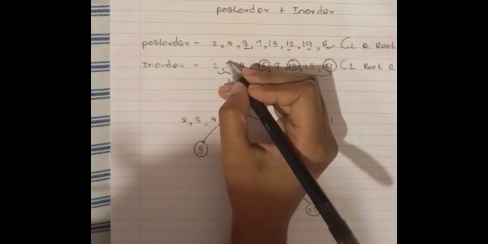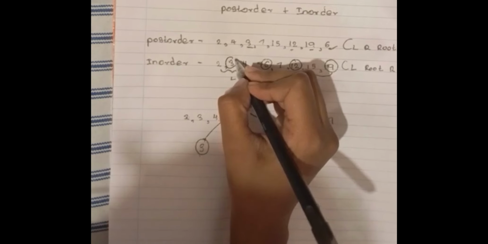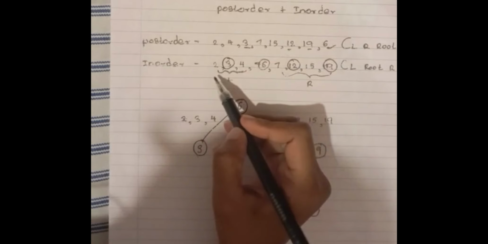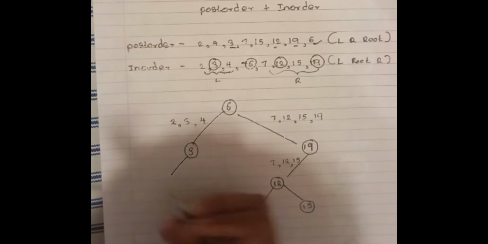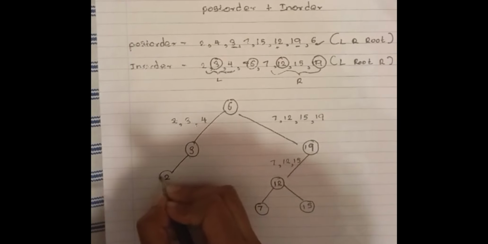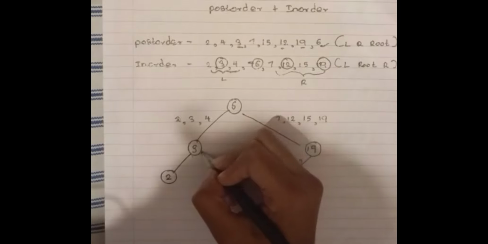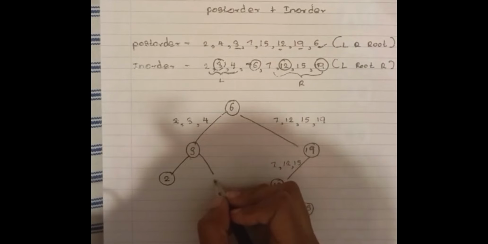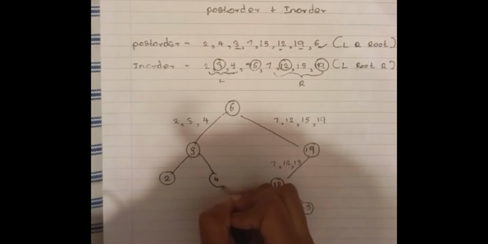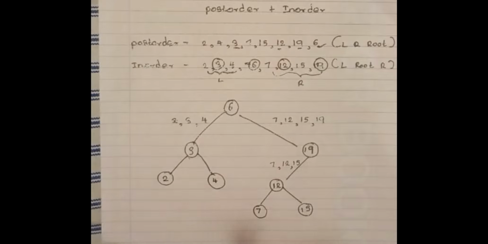As for the root 3 in Inorder, there is the 2 in the left side, there is 4 in the right side. So this is the Postorder plus Inorder binary tree reconstruction.